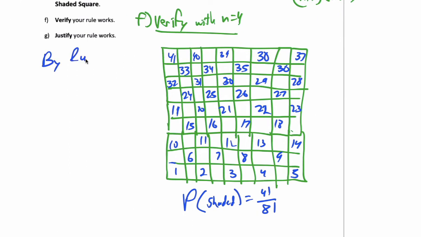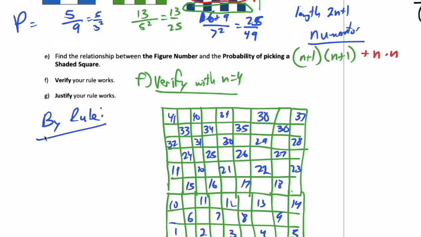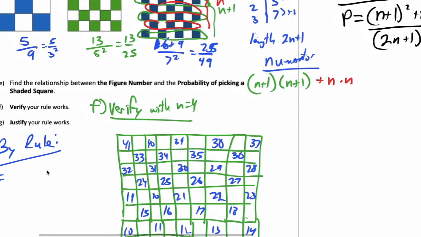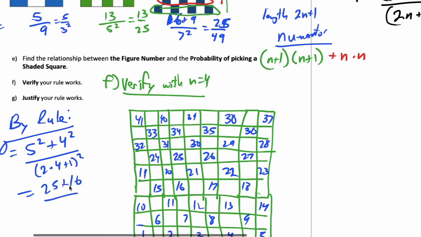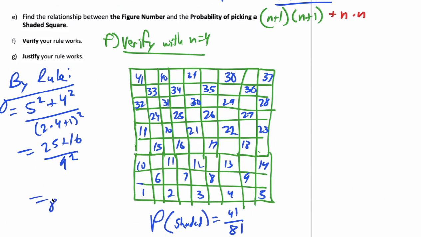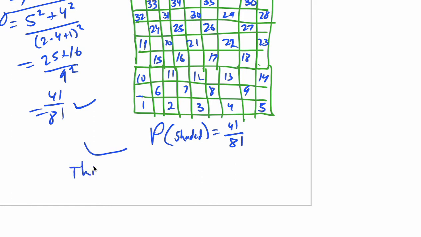By rule, remember the rule is n plus 1 squared, so that's 5 squared plus 4 squared over 2n plus 1 squared, which equals 25 plus 16 over 9 squared, which equals 41 over 81. This verifies my rule is correct.